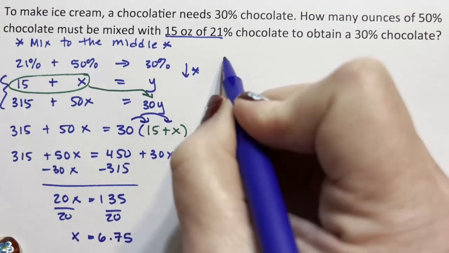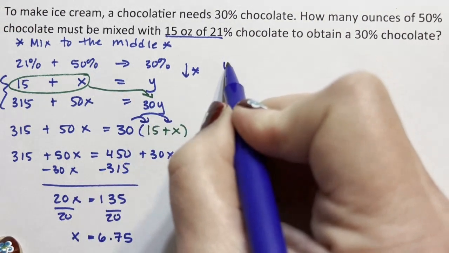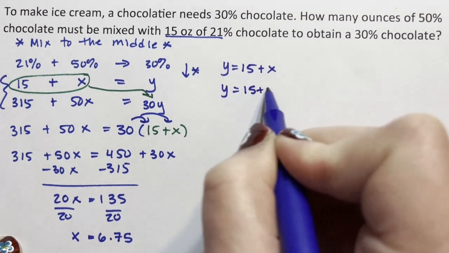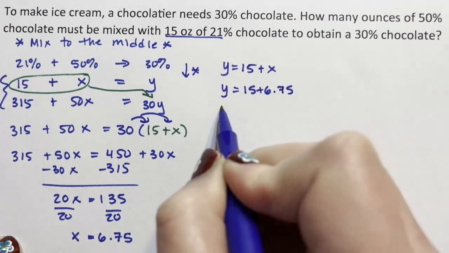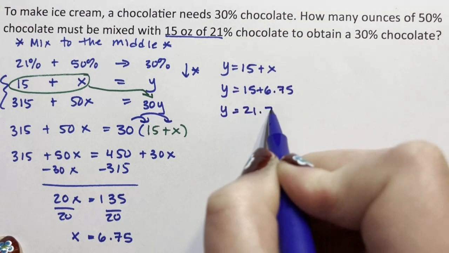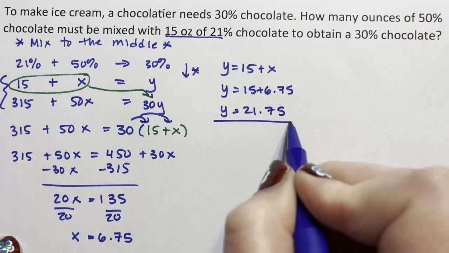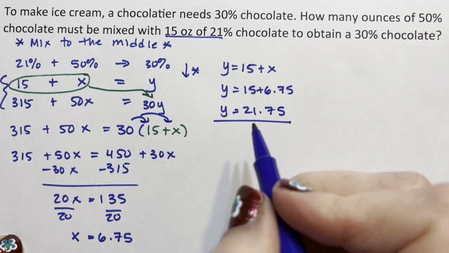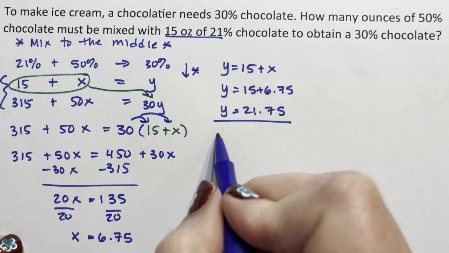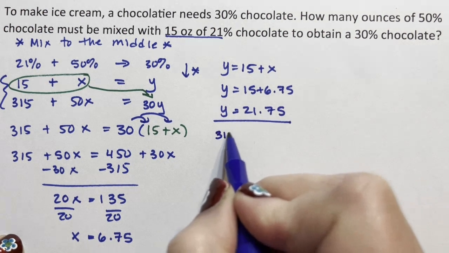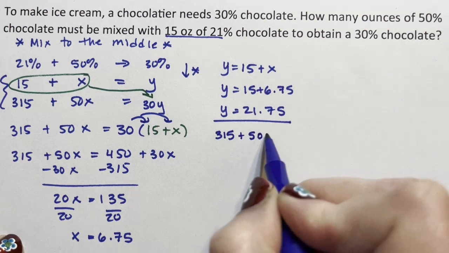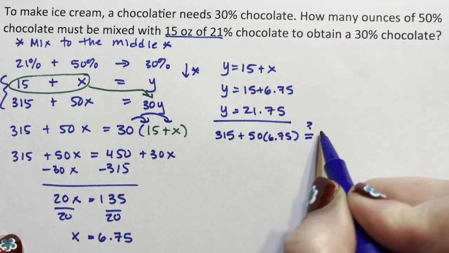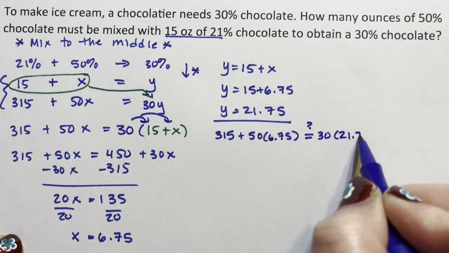Okay, so if I look at this, y equals 15 plus x, then y equals 15 plus 6.75. Y is equal to 21.75. Then I want to go into my second equation, and I am going to take 315 plus 50 times 6.75 and see if that equals 30 times 21.75.